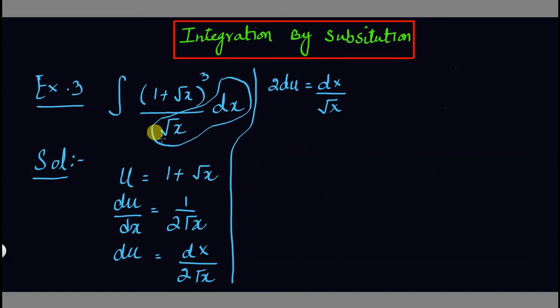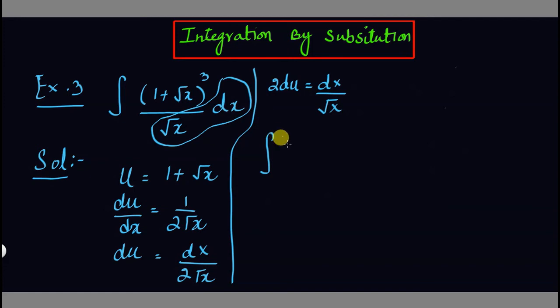But if I take square root of x, I cannot get this factor, or you can simply take square root of x as well, but in this case your steps may be too difficult and you cannot easily handle this one. So that's why I have substituted this. Now it is very simple to substitute all the substitutions into the question.